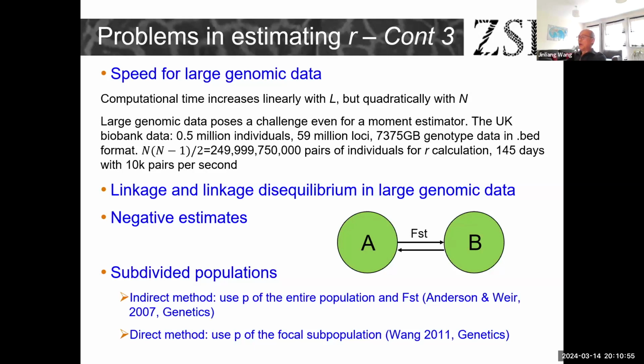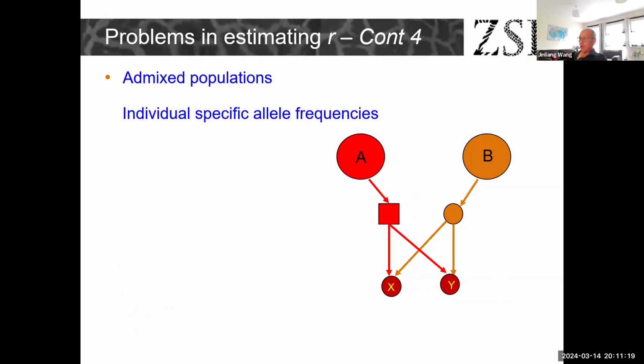I showed in my paper, also published in Genetics, that even if you have a small sample, so allele frequencies are estimated with poor quality, you can still get better results in terms of accuracy and bias than the indirect method. If you are interested, you can read those papers to find out more.